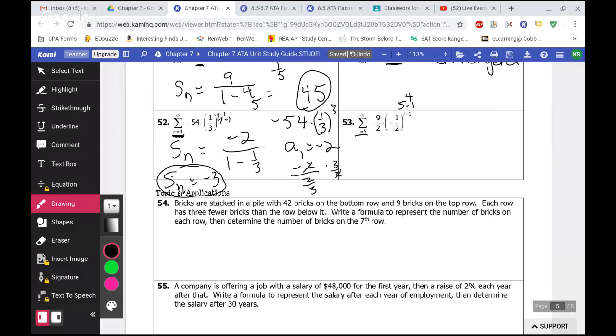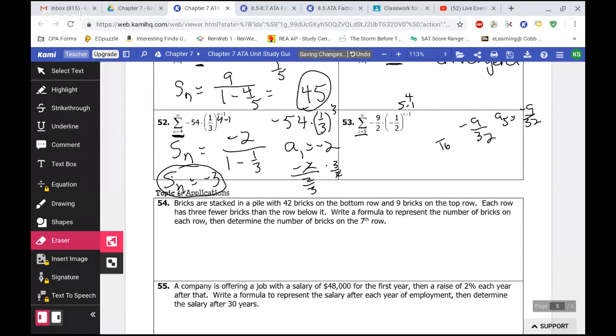So we'll take negative 9/2 times negative 1/2 raised to the fourth power, which is going to be a positive 1/16. So that's going to be negative 9 over 32 as our a sub 5. The value of the fifth term is negative 9 over 32.